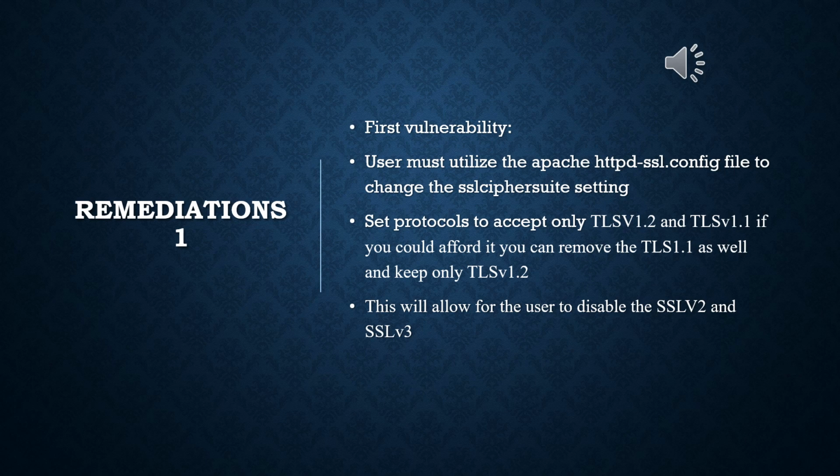This would allow for the user to disable SSL version 2 and SSL version 3. All of these will help to strengthen the cipher suites. Because basically what it's going to do is always choose the strongest cipher versus the weakest one whenever it's not configured correctly.